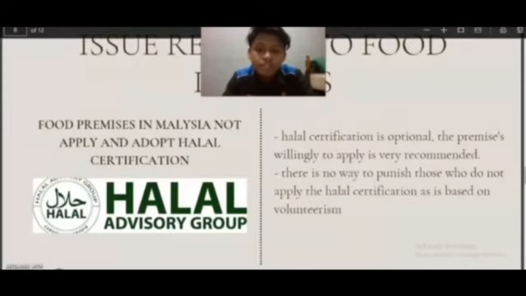This issue raises many concerns because in Malaysia there is one mindset where people think if a Muslim vendor or Muslim seller provides the food, then it must be halal. But the issue is how can they be sure that the premise is halal when there is no halal certificate or halal logo presented in the premise?